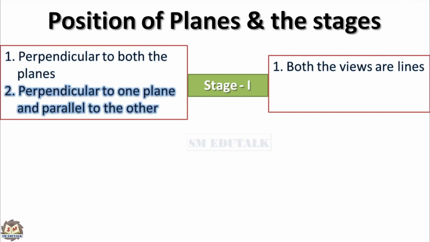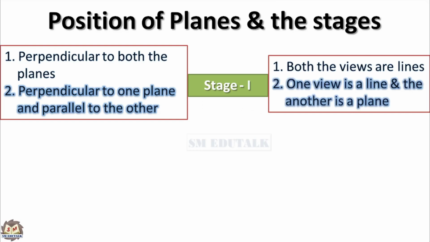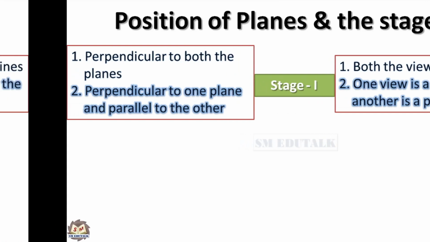Next, second position, perpendicular to one plane and parallel to the other. It is also a simple position because it can also be imagined and drawn easily. Hence, it is sufficient to have one stage, that is stage 1, to draw this position. In this position, whatever shape the plane, its one view appears as a line and the other appears as a plane.